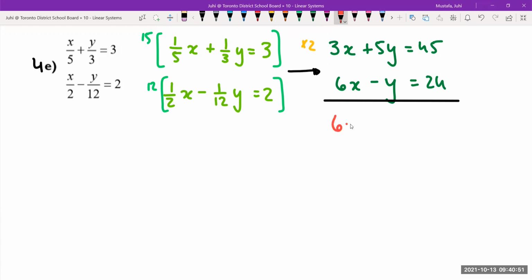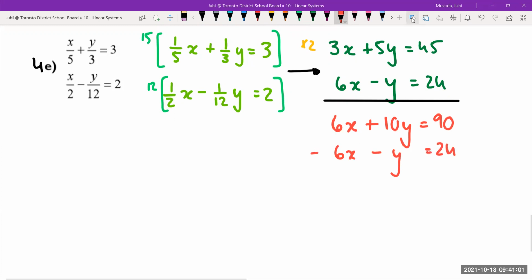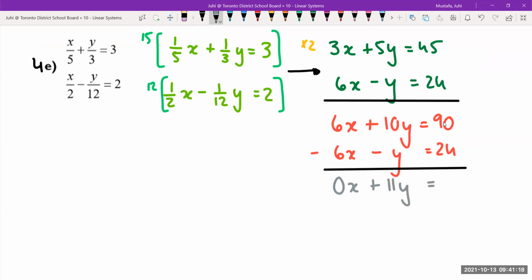This is going to become 6x plus 10y is equal to 90. And then this will be 6x minus y is equal to 24. I am going to subtract these two because it's a positive 6x and another positive 6x. And what I'm going to end up getting is 0x, which you don't need to write. 10 minus negative 1 is positive 11y.